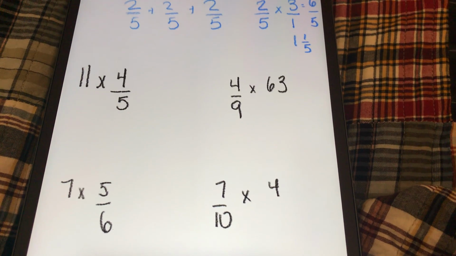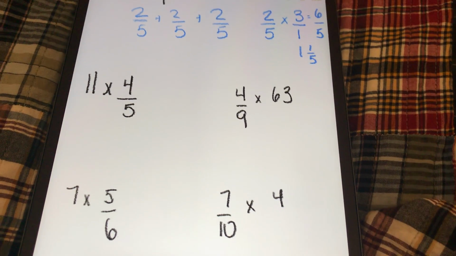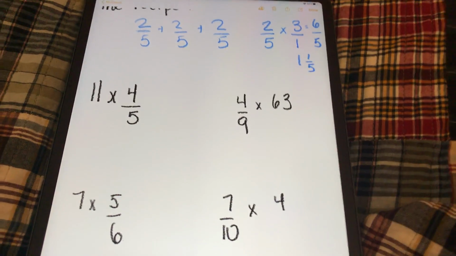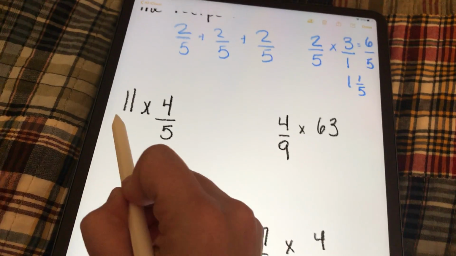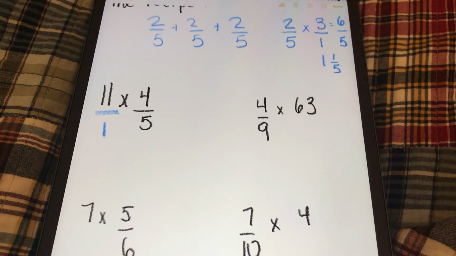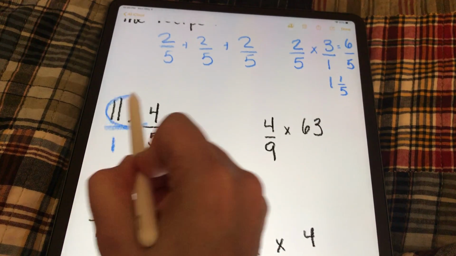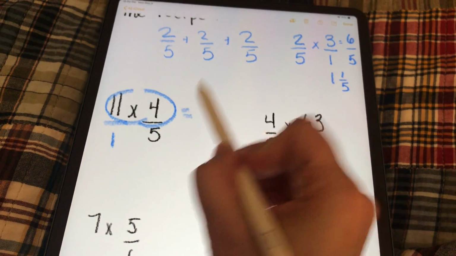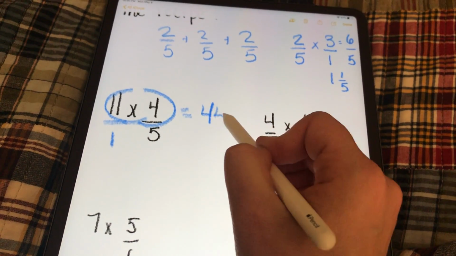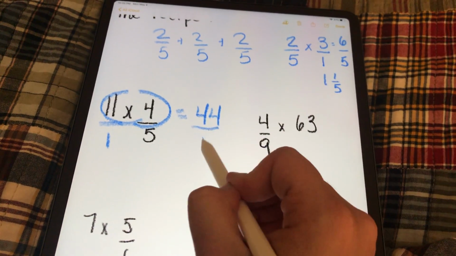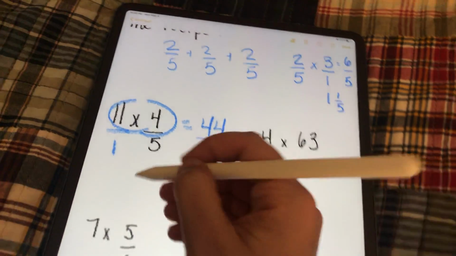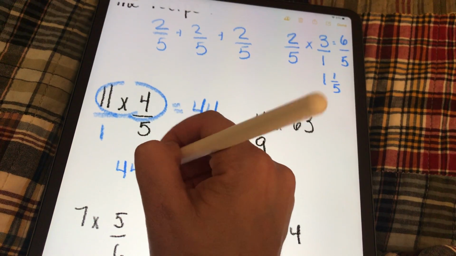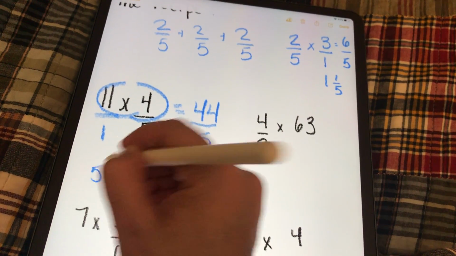So 11 times 4/5. If I'm going to use this new strategy, then I would put 11 over 1, okay? I would do 11 times 4, which is 44, over 5. So then I would have to divide 44 by 5.